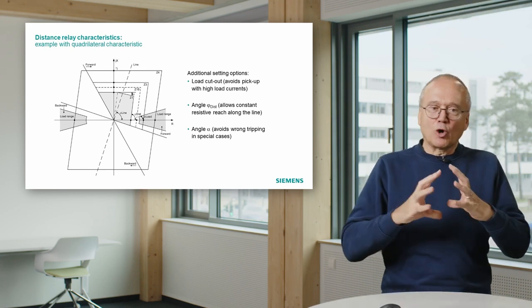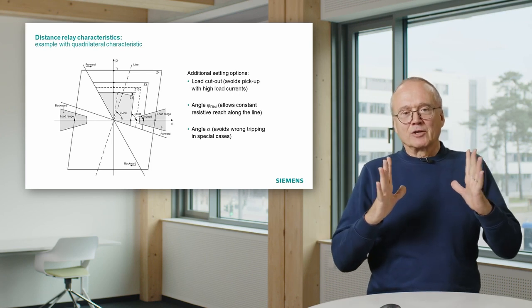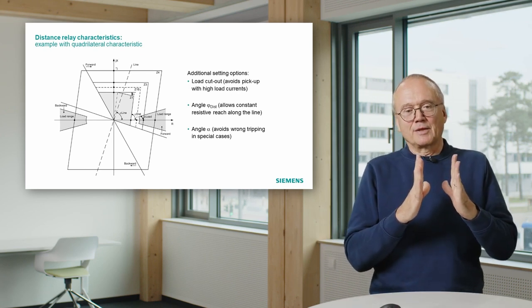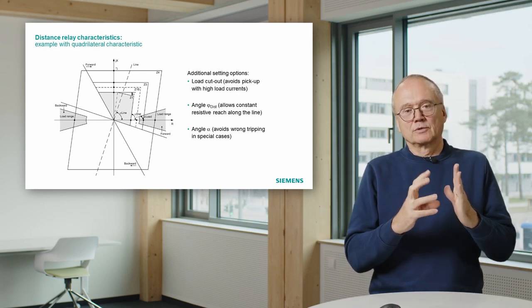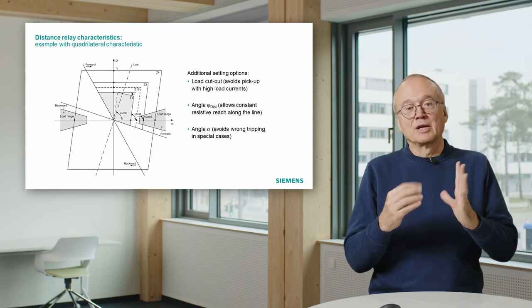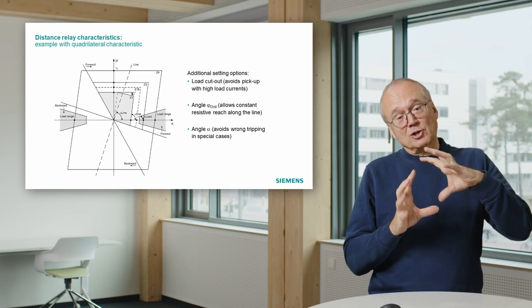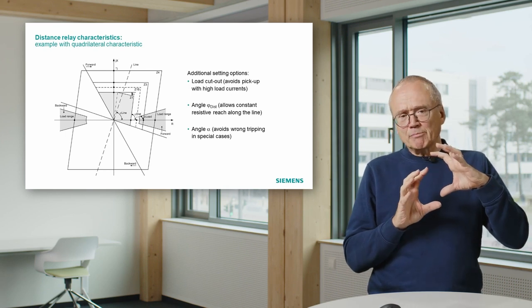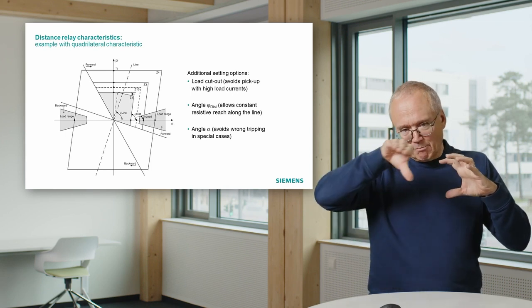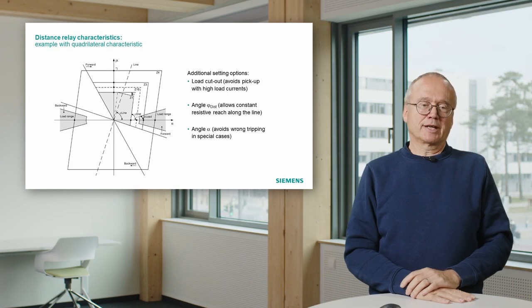And that means this conflict between shrinking the pickup zone to avoid load problems and making it big to catch all the faults can be solved a little bit by making this load cutout.